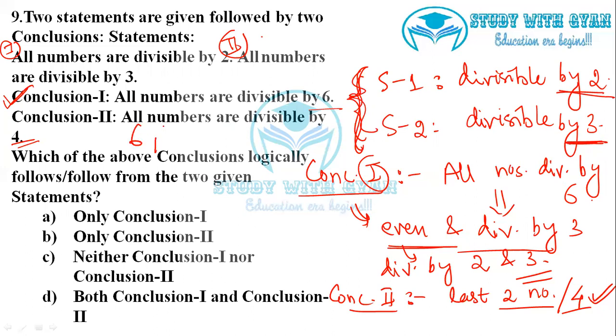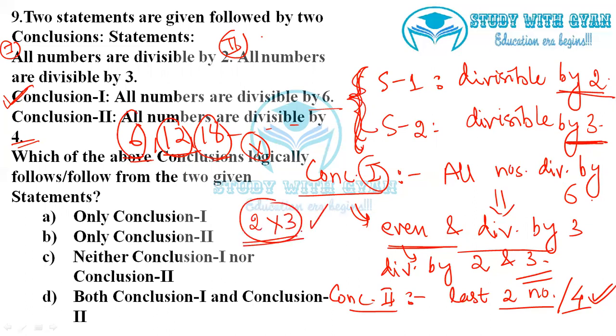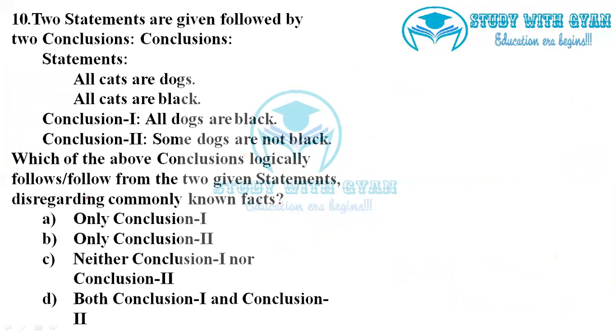So numbers like 6, 12, 18 are possible. 12 is divisible by 4, but 6 and 18 are not, because here we are pairing the numbers by multiples of 2 and 3. So some numbers are possible which are not divisible by 4. So conclusion 2 is wrong. Only conclusion 1 is satisfied by statement 1 and statement 2 together. So option A will be correct for this question.